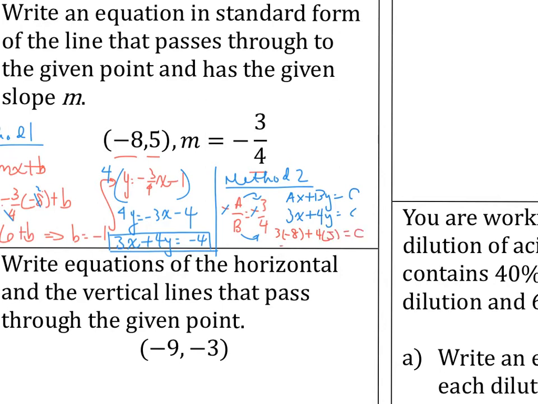And this will be negative 24 plus 20, and c would equal negative 4. So let's take this up here. Therefore, your equation would be 3x plus 4y equal to negative 4, which is the same as this one.